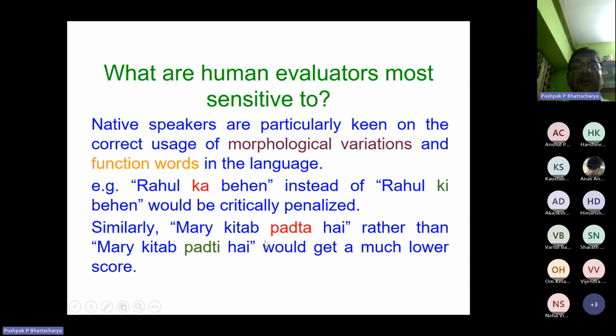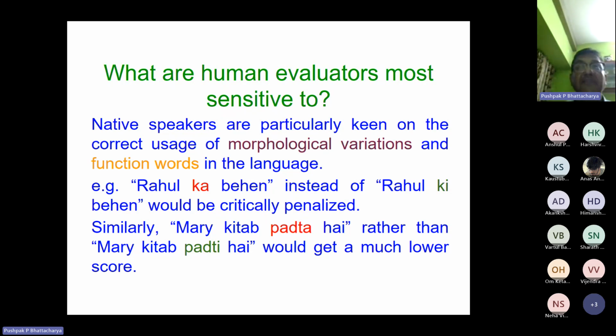And we also found that if a person has given a low score on fluency, the person gets biased towards evaluation of adequacy also. Somehow it is an impression that if somebody has a fluency problem, that somebody will have a meaning problem also, an adequacy problem also. So that's why we have found it very difficult to maintain the strict compartmentalization between adequacy and fluency.